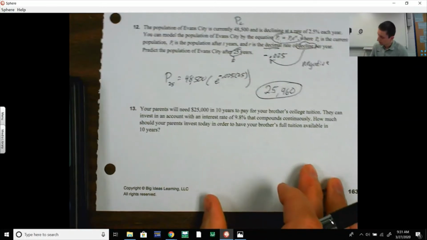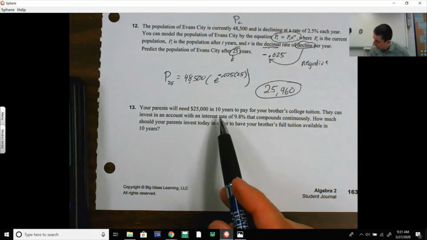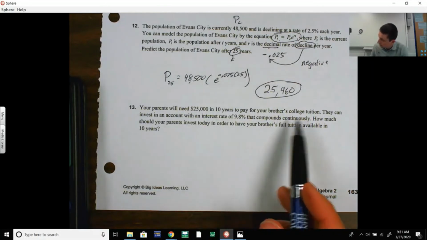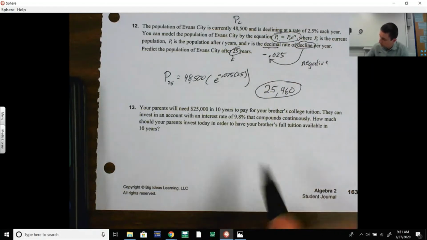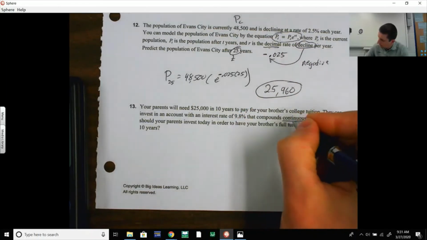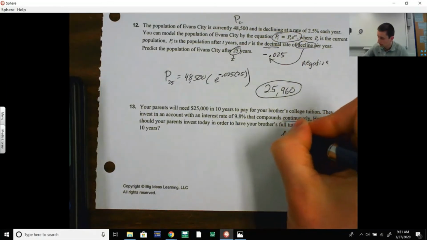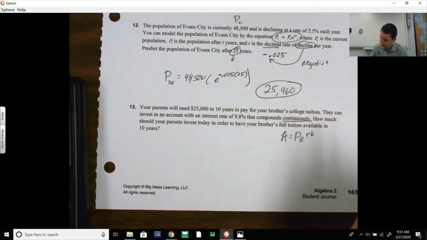Parents will need 25,000, more like 40,000, in 10 years, to pay for your brother's college tuition. They can invest in an account with an interest rate of 9.8% that compounds continuously. Okay, it's not compounded monthly or quarterly or daily. It's compounded continuously, so that means we're using A equals P e to the RT.